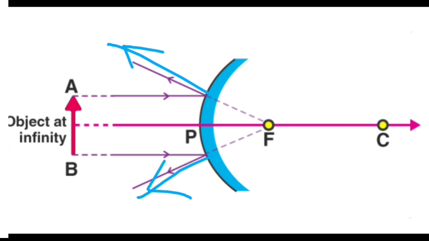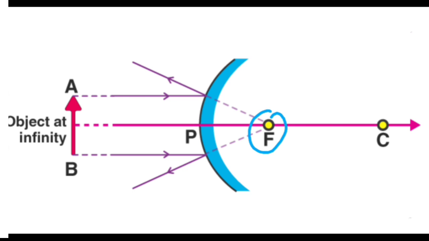As I told you, there is no possibility that they will meet at infinity because they are diverging. So if we extend the rays behind the mirror like this, then we will see that they meet at a point on the principal axis which is the focus of the convex mirror.